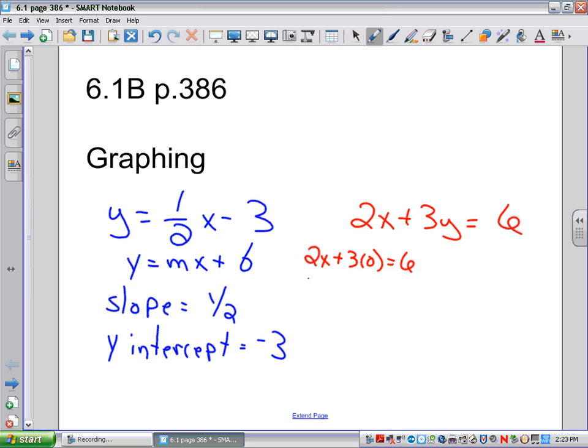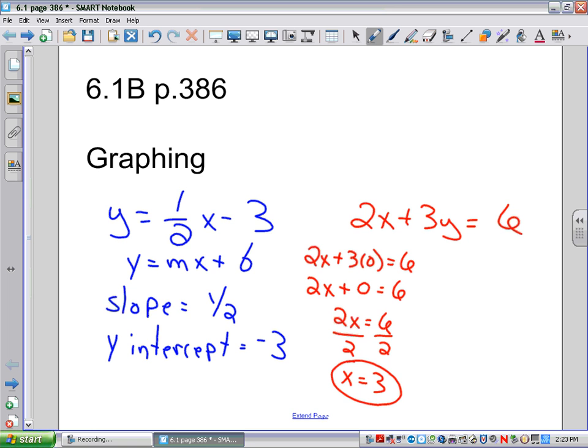Well, 3 times 0 is just 0, so I can shorten that to 2x is 6. In other words, the 3y just drops out. Solve that, divide by 2. So my x is 3. That means my x-intercept is 3.